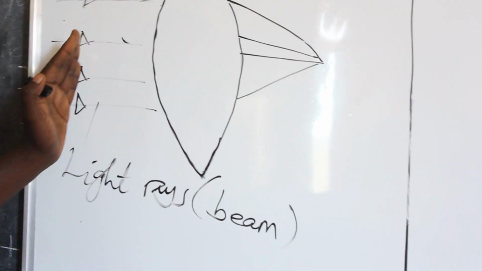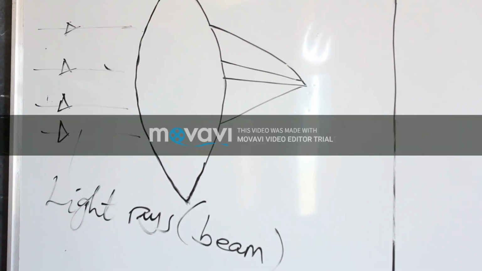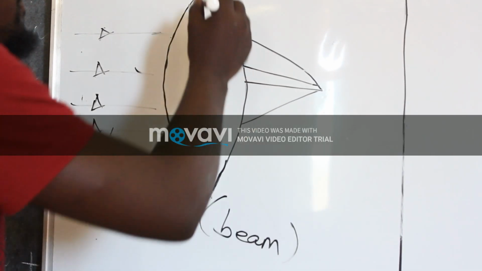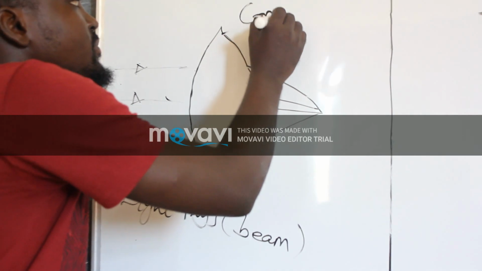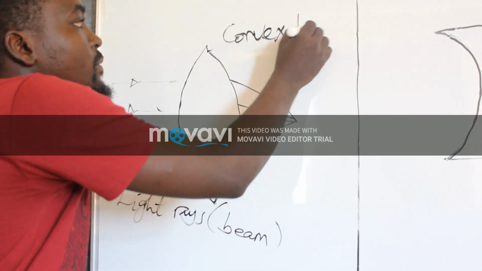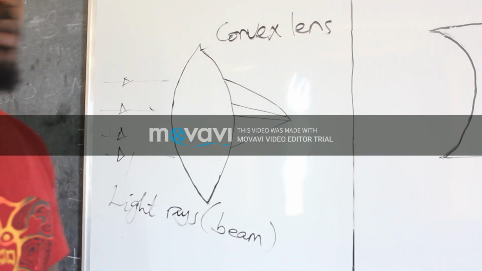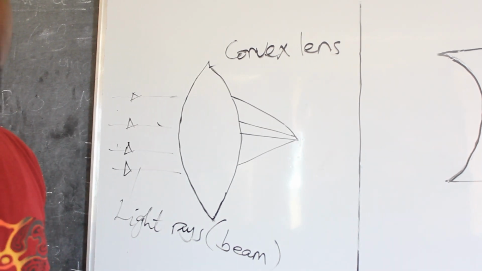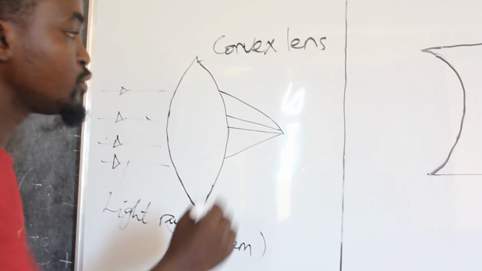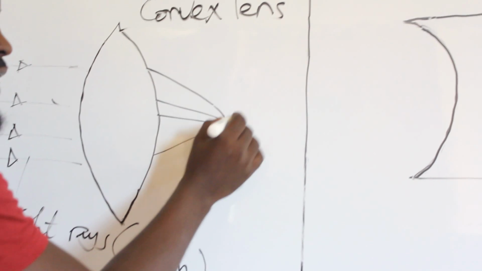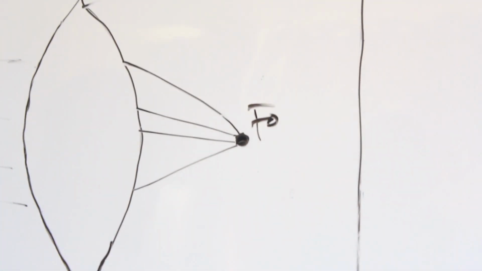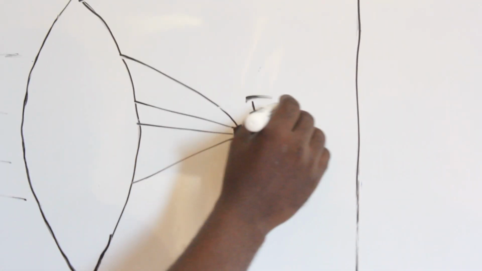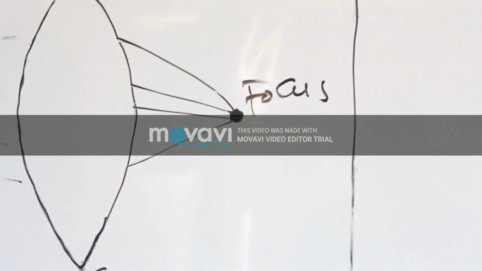When the light rays strike on the convex lens, they are collected together and meet at one point, and the point where these light rays meet is called the focus.